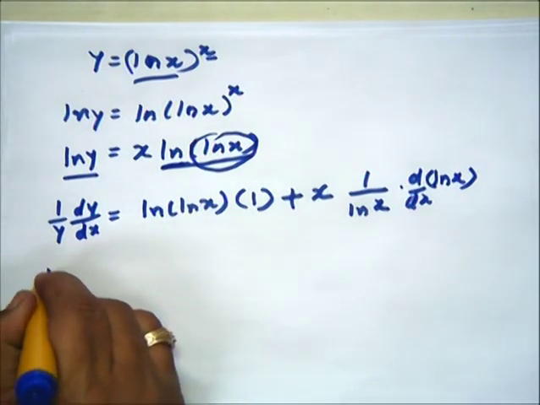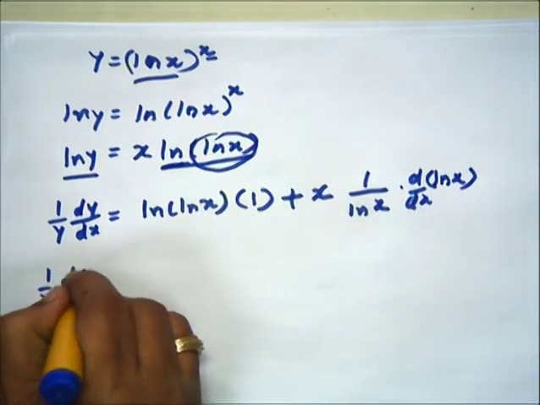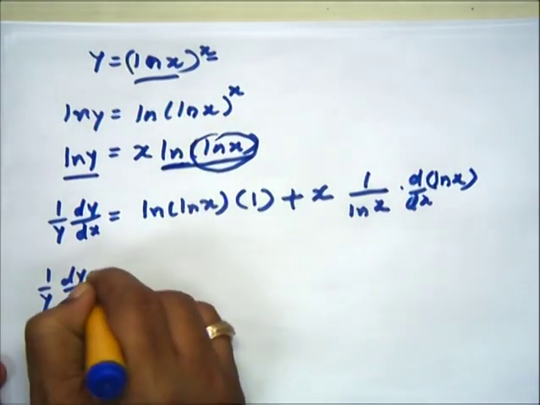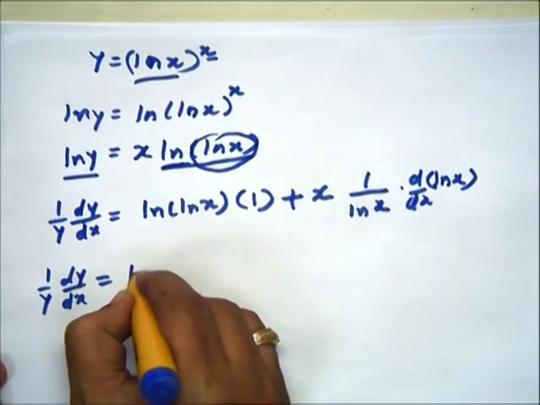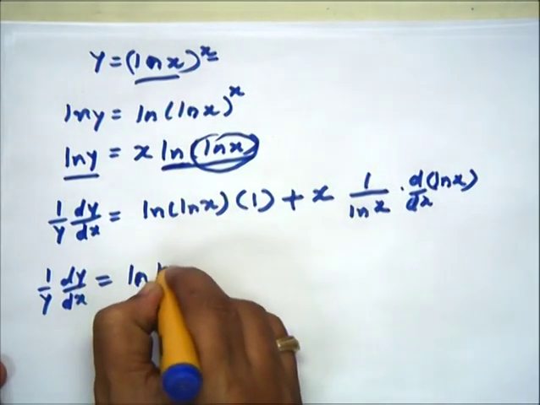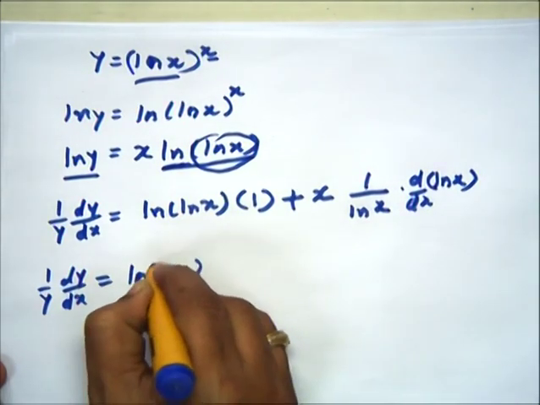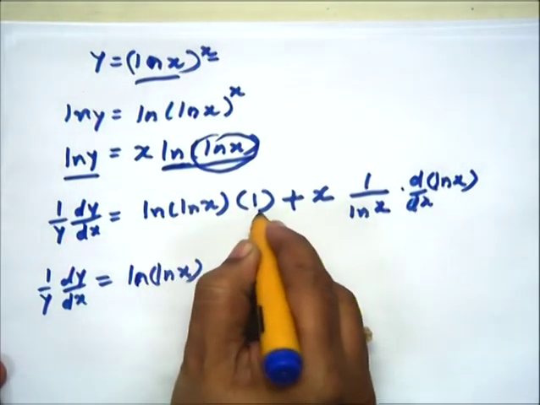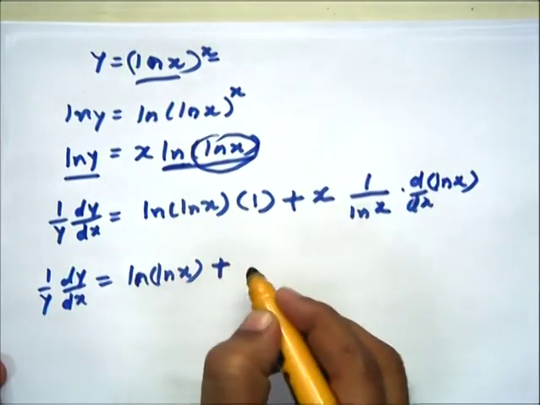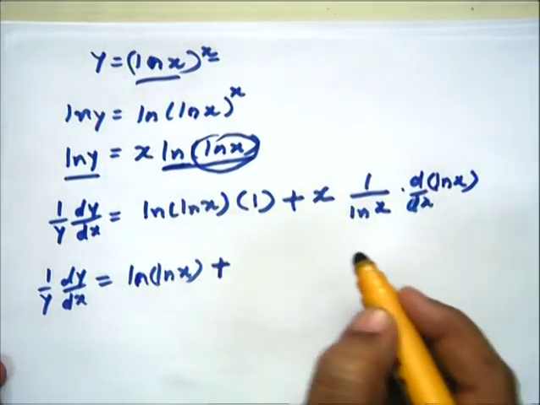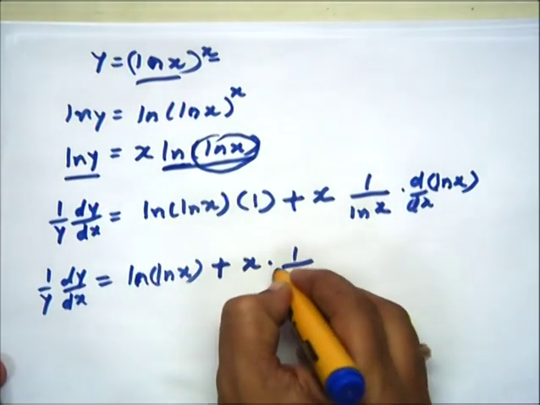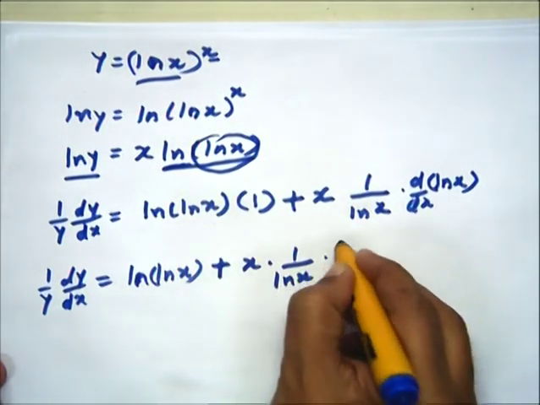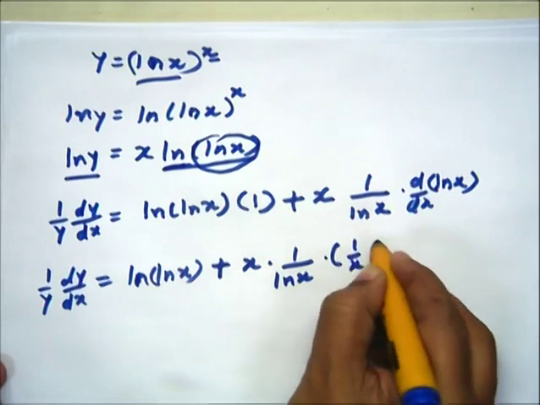Now 1 upon y dy by dx is equal to log of log x, that will be as it is, into 1, so there is no need to write 1 here, plus x into 1 upon log x into the derivative of log x, which is 1 upon x.